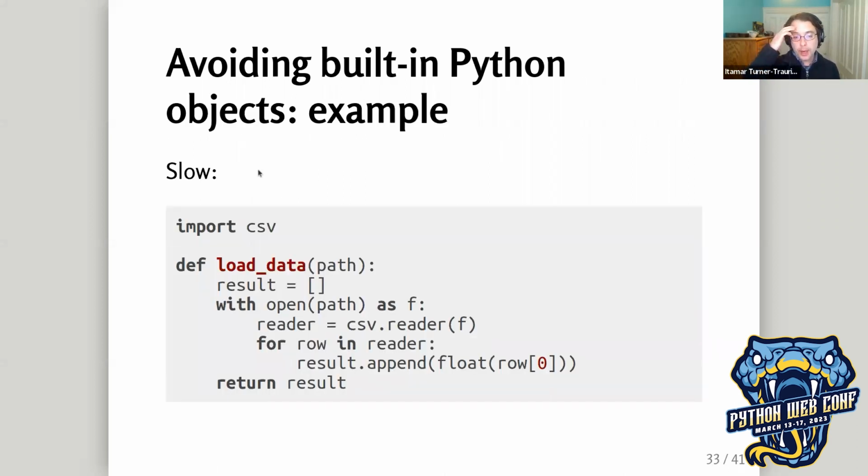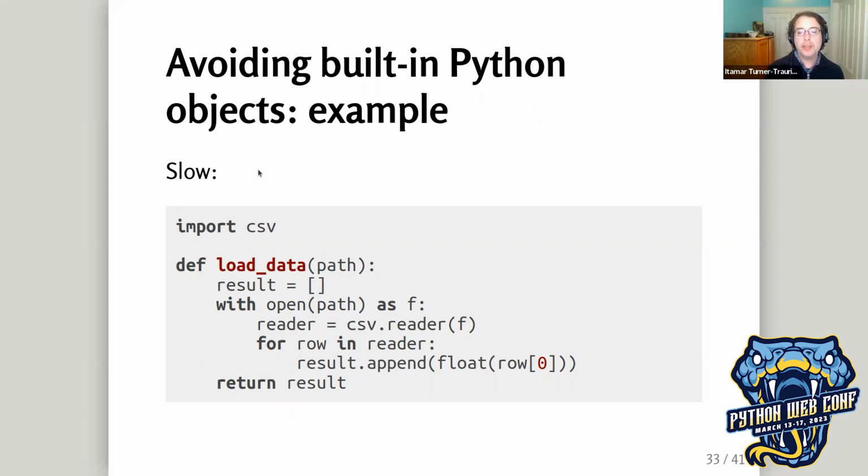So for example, if you have some sort of CSV and you want to read the first column and store it as a bunch of floats, and then you're going to do some stuff with it, you could open the file with Python's built-in CSV reader, and then for every row, convert the first item in the row to a float, and then append to the list, and at the end, you'll have a list of floats. And this works. But it's going to be slow because all of these operations involve dealing with Python strings, and then creating Python floats, and then appending to a list in Python is also doing a whole bunch of work.